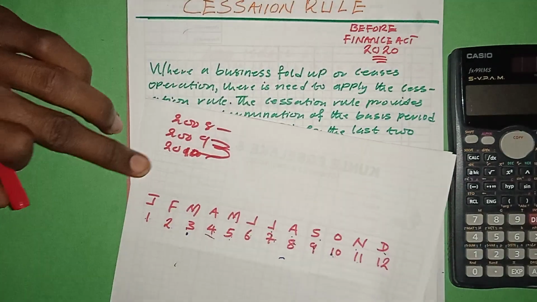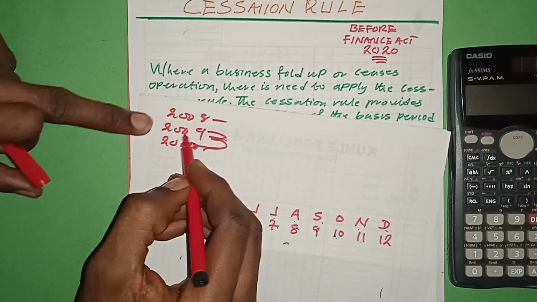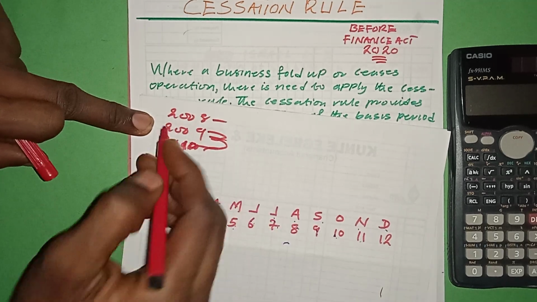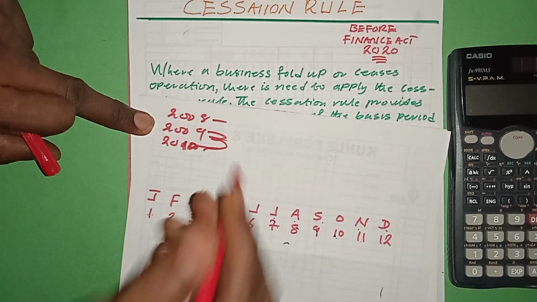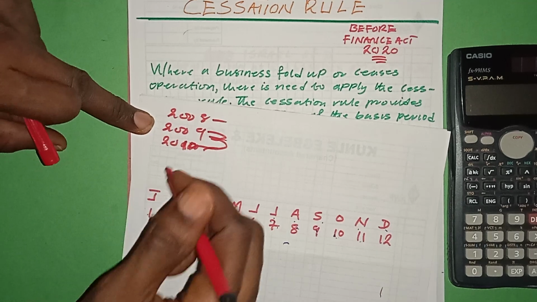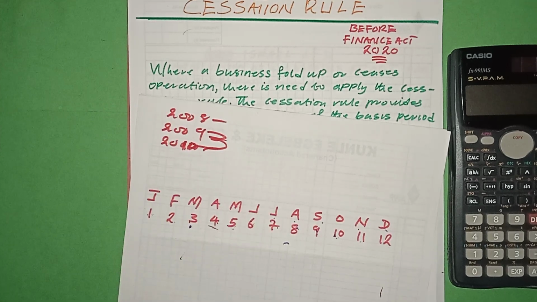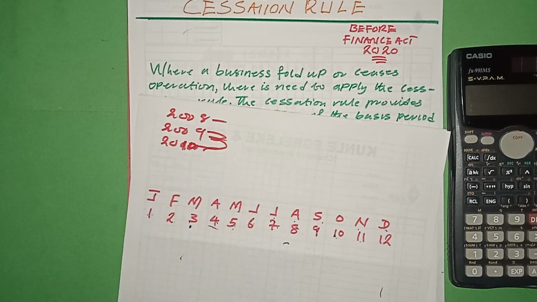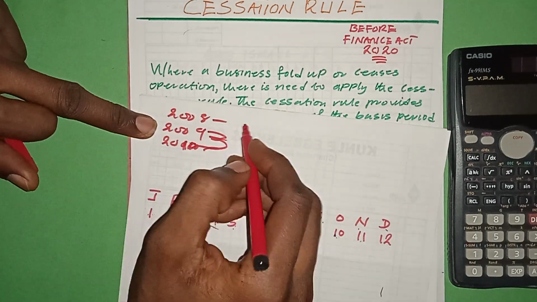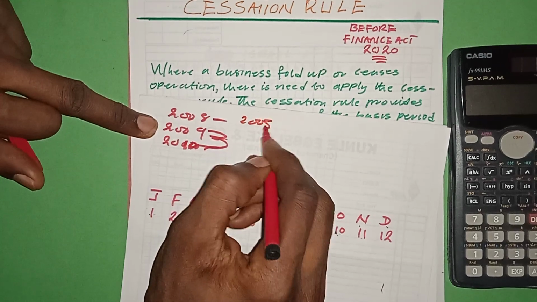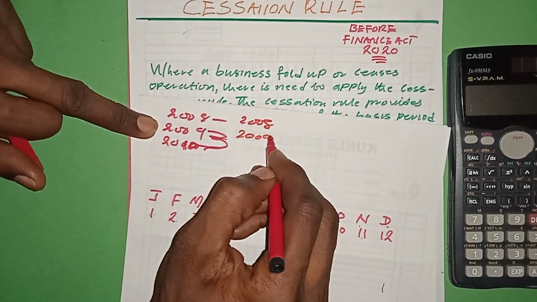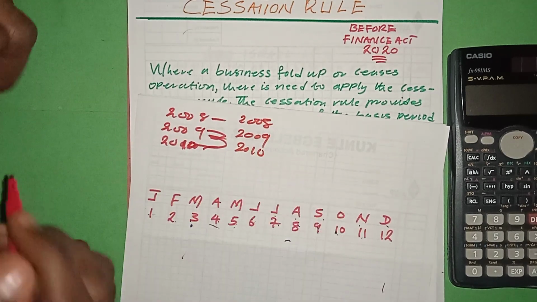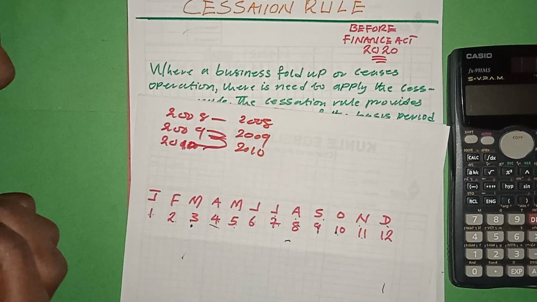Now, taking this example here, 2008, he started the business. 2009, he's still running. 2010, he decided to fold up, decided to cease the business. Now, the penultimate year is the year before the cessation. Within 2008, 2009, 2010, which is the year before?